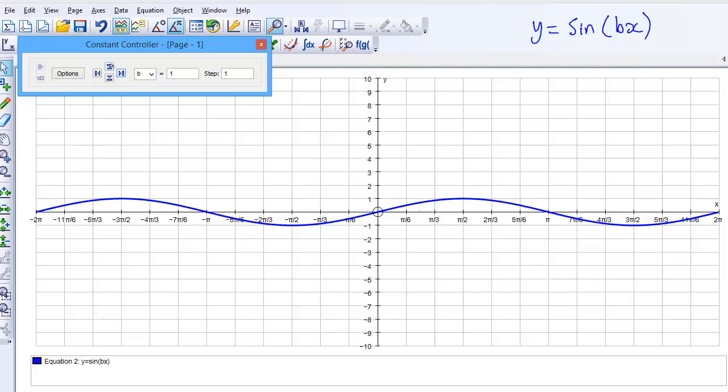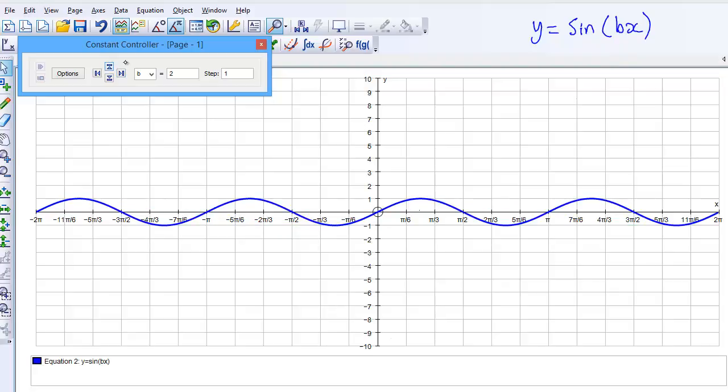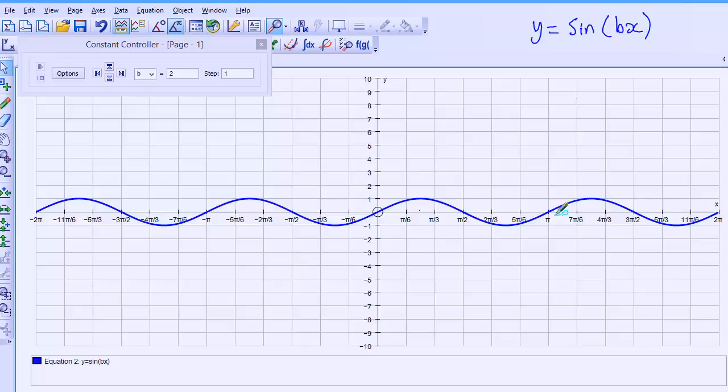So if I turn b into 2, that means everything moves towards the y-axis. Everything halves its distance from the y-axis. So now, instead of the period ending at 2 pi, the period now of one oscillation ends at pi.